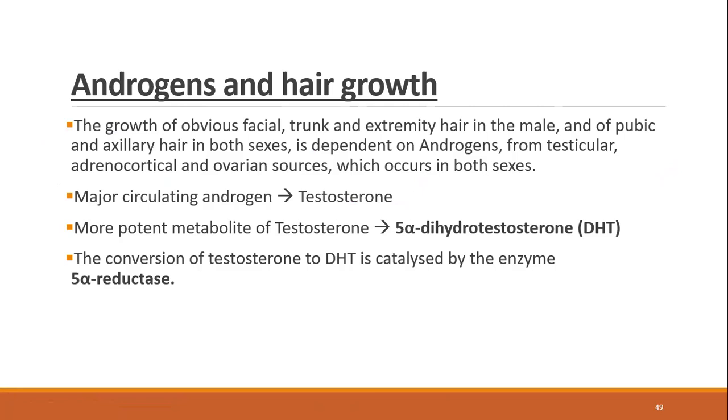Testosterone is the main circulating androgen. A more potent metabolite of testosterone is 5-alpha dihydrotestosterone. Conversion of testosterone to dihydrotestosterone is catalyzed by the enzyme 5-alpha reductase.